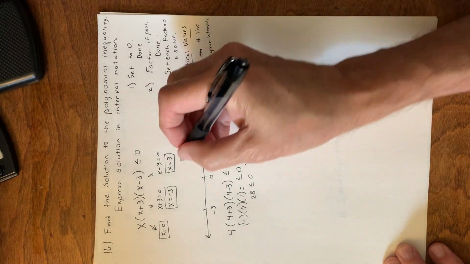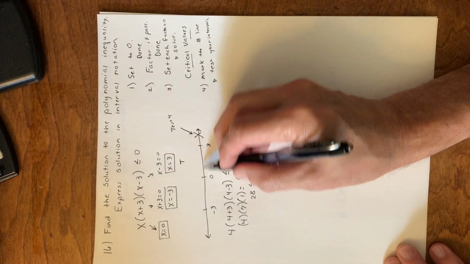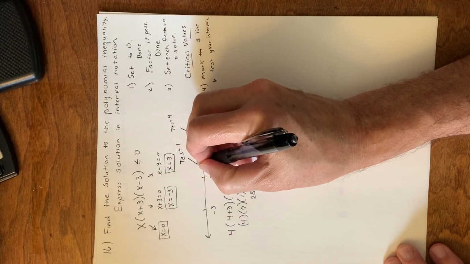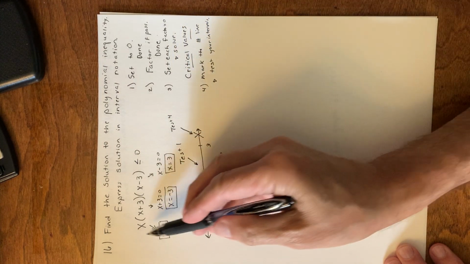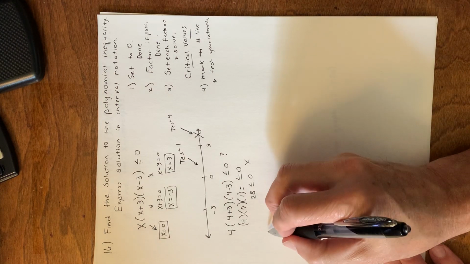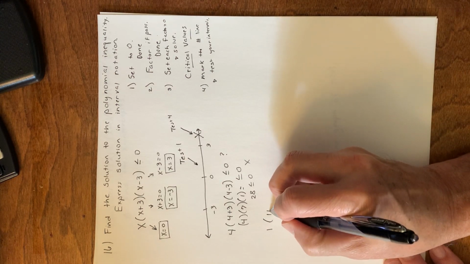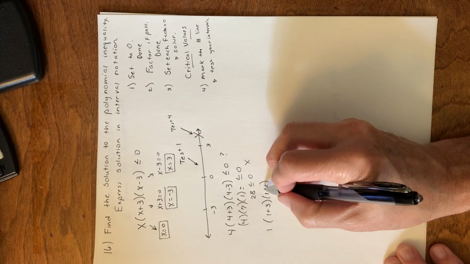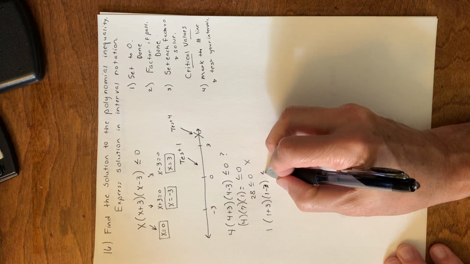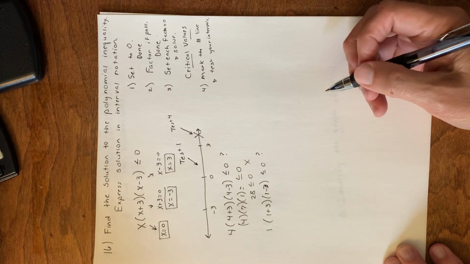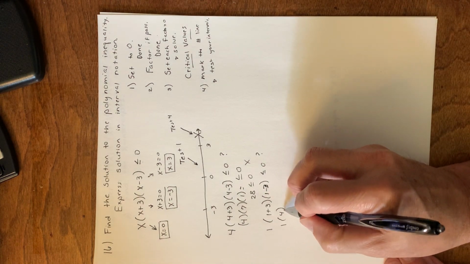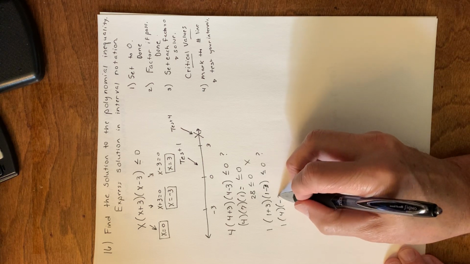All right, test something else. Let's test something in this interval. Let's test 1. That means everywhere there's an x, I'm going to put a 1. 1 times 1 plus 3 times 1 minus 3. I'm wondering, is that less than or equal to 0? I don't know. Let's find out. 1 times 4 times, 1 minus 3 is -2.